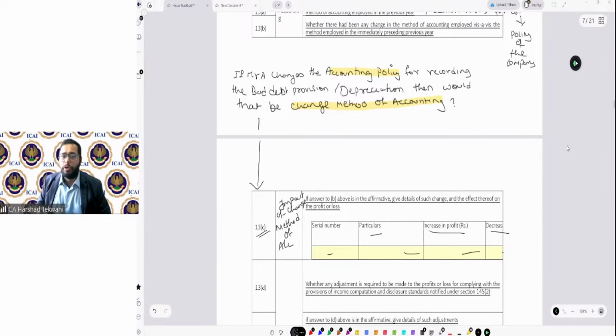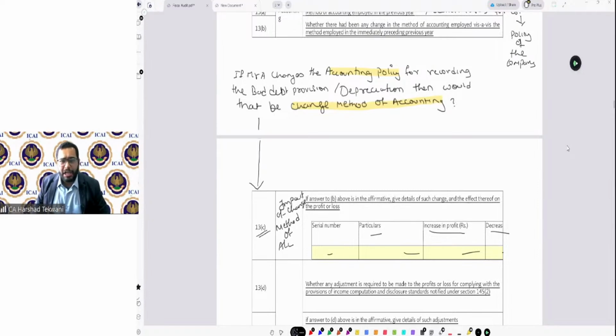Assume that is a change in accounting policy. Let's say not only bad debt provision or depreciation, take any other, let's say valuation of inventory. I'm adopting a different method for the valuation of inventory. Earlier it was FIFO, now I'm doing weighted average method. Or, for example, depreciation: earlier it was WDV, I shifted to SLM or something else. Or a policy with respect to recording foreign exchange translation gains and losses.